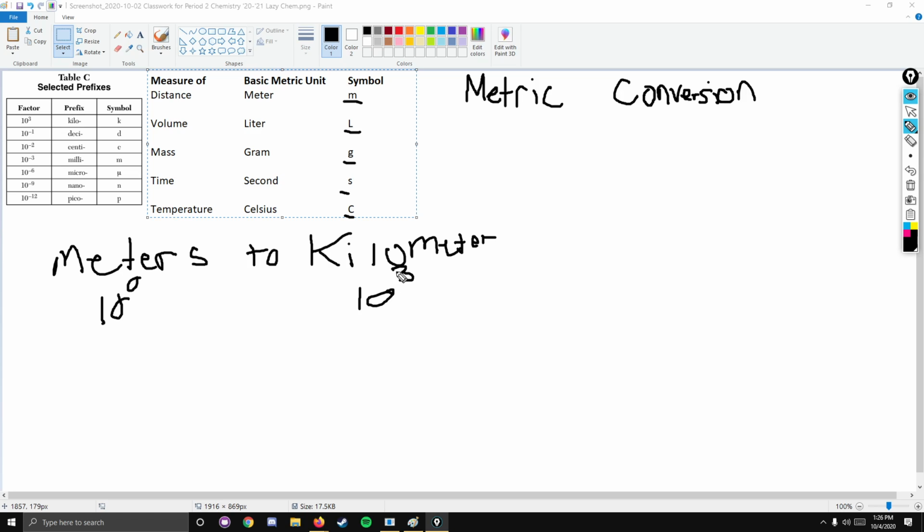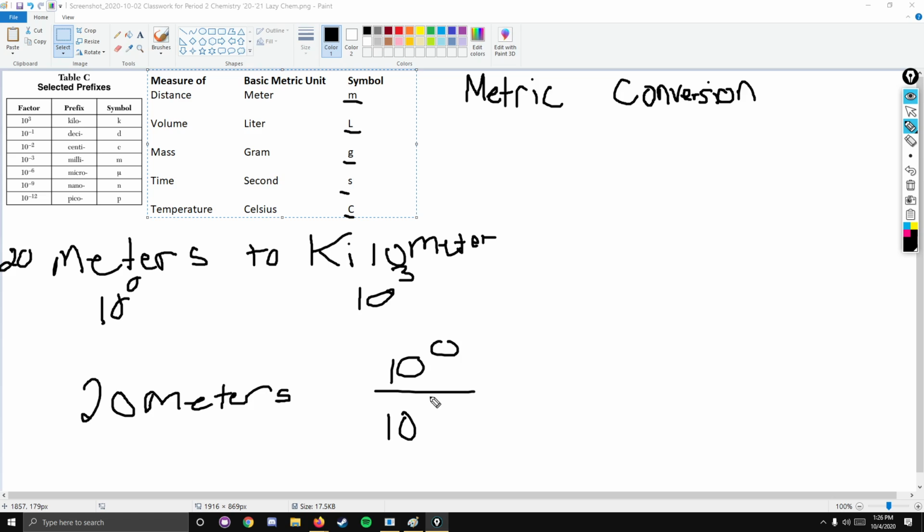Now the first method is what I showed you in class. Let's say we have 20 meters. The first thing I can do is set up a little conversion factor, and that means putting 10 to the 0 on top and putting 10 to the 3rd on the bottom.